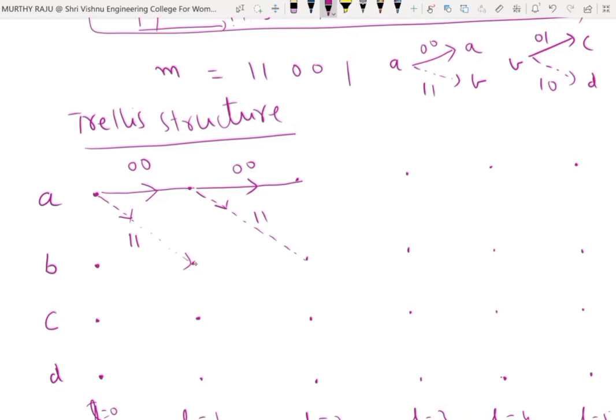You are in state B. This one is state B. Input bit is 0 means goes to C, solid line. With output is 0, 1. Input bit is 0.